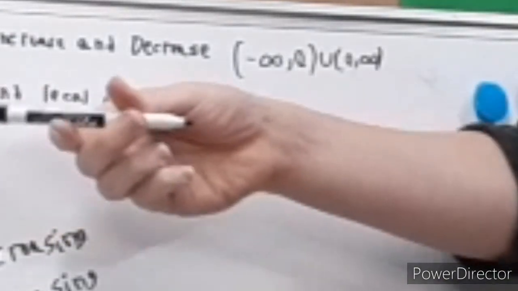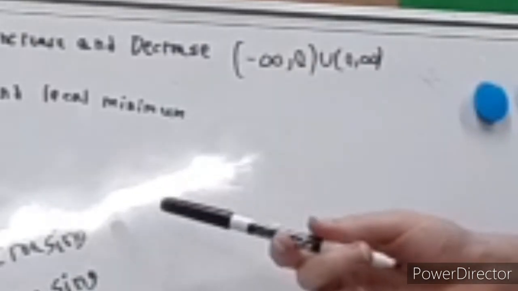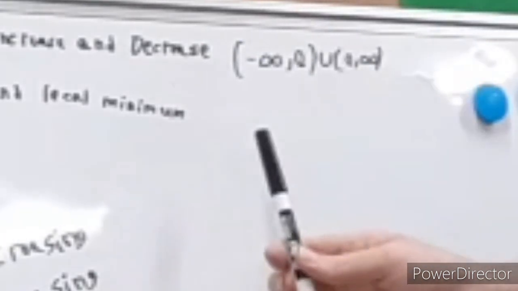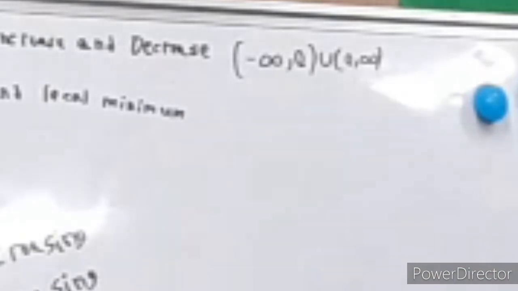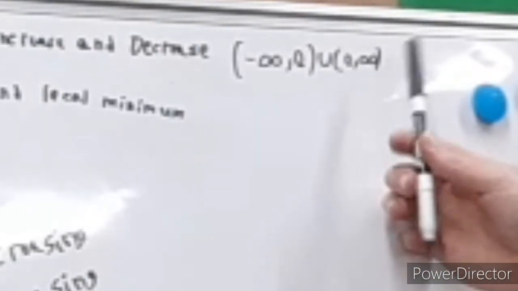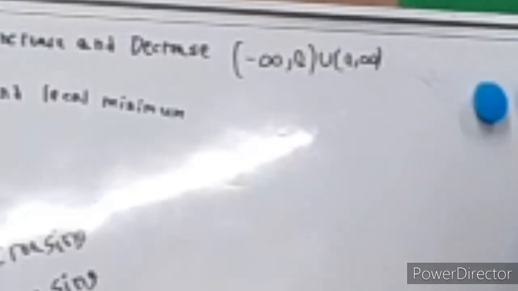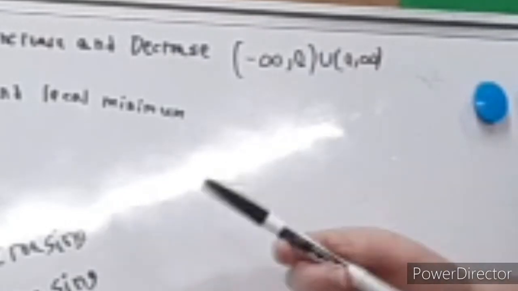Now find your local maximum and minimum. There is no local maximum or minimum because it's increasing the whole time from negative infinity to infinity, except at 0, but 0 is undefined. So there is no maximum or minimum.